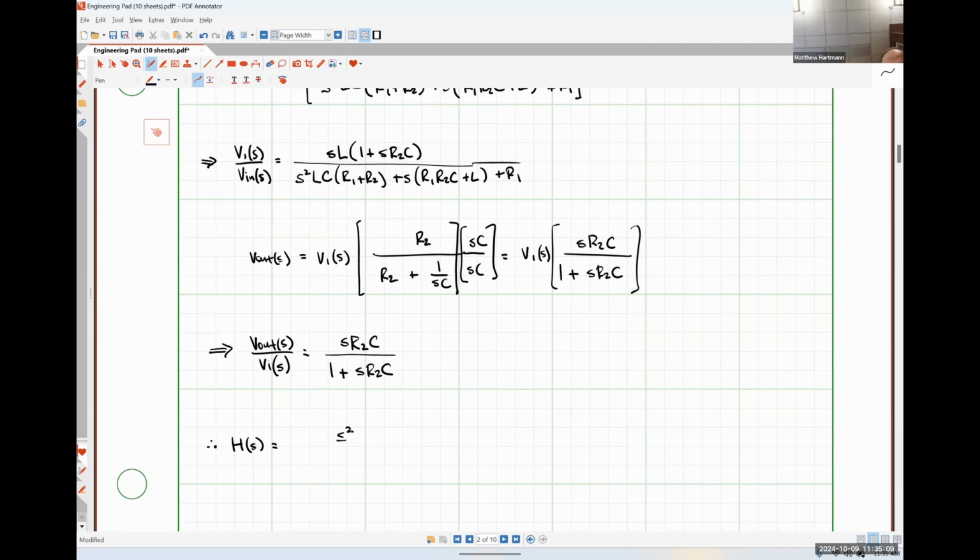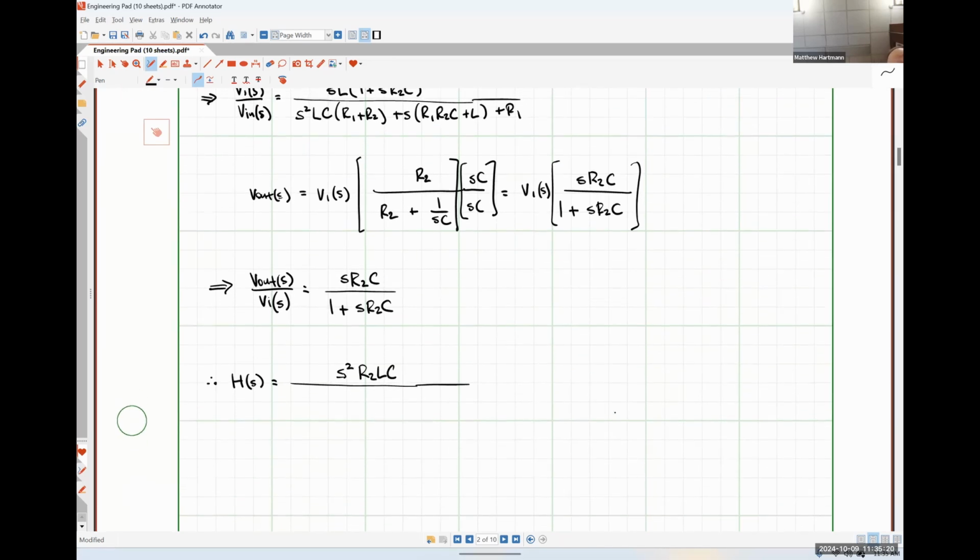Okay. So that's just going to leave me with S squared times R2 LC divided by S squared LC times R1 plus R2 plus S R1 R2 C plus L plus R1, like so.